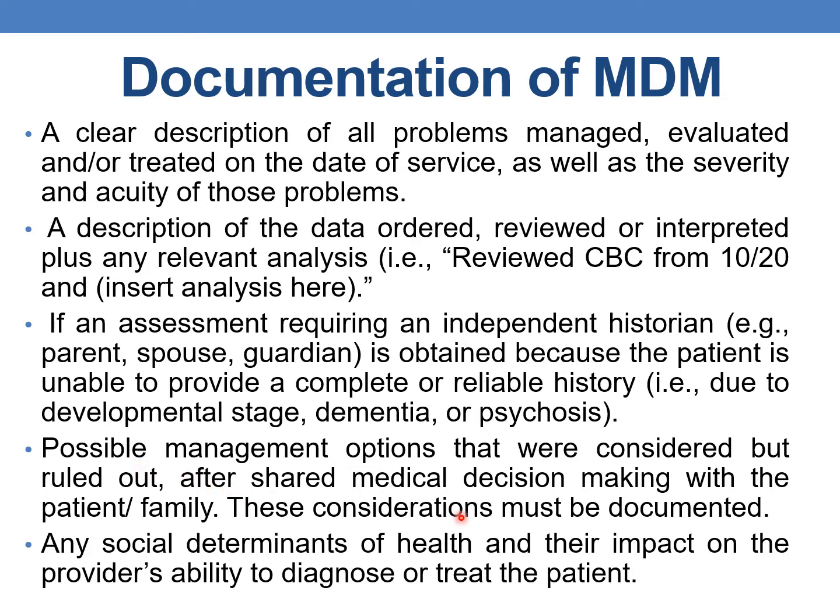Next is possible management options that were considered but ruled out after shared decision making with the patient or family. These considerations must also be documented. Any social determinants of health and their impact on the provider's ability to diagnose or treat the patient is also an important point, and must also be documented. So these are some of the documentation prerequisites of MDM.